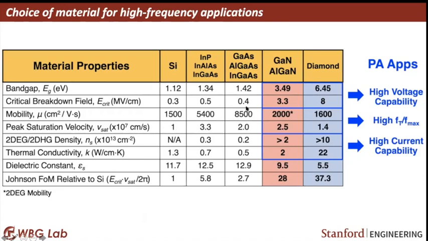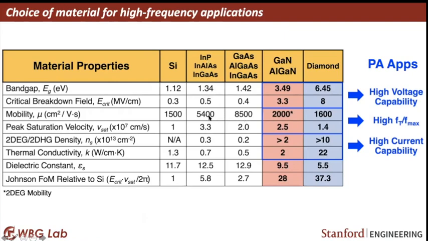But if you go for materials like gallium nitride, you can move at a faster velocity. Mobility is also a measure of how fast it can move. The point I wanted to make is that a higher mobility or higher saturation velocity is good for high frequency applications.